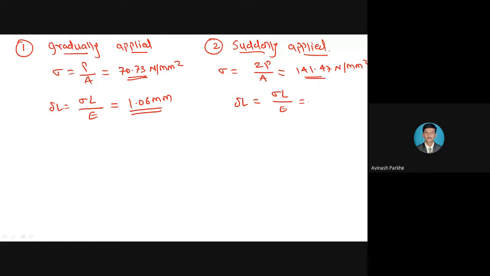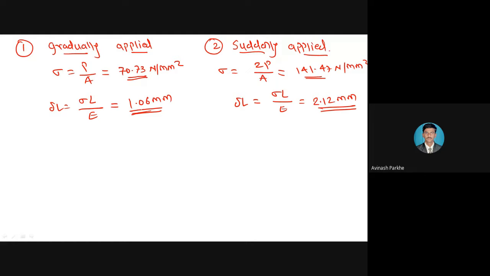Yes, 2.12. Please check your answer. 2.12, yes, correct. 2.12 mm. If I compare this deformation due to suddenly applied load, again it is twice that of gradually applied load. The elongation due to the gradually applied load is 1.06, but elongation due to suddenly applied load is 2 times more.